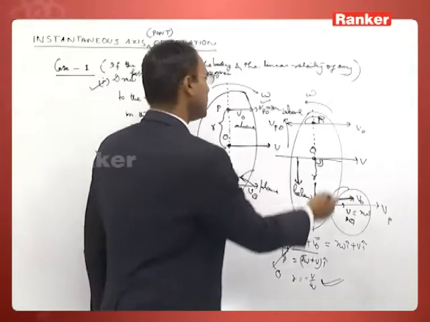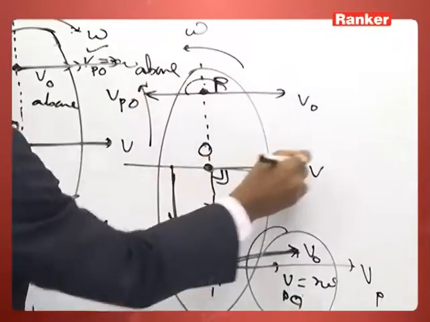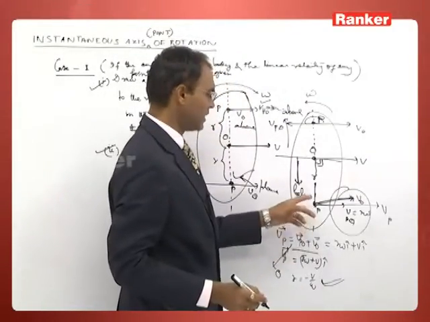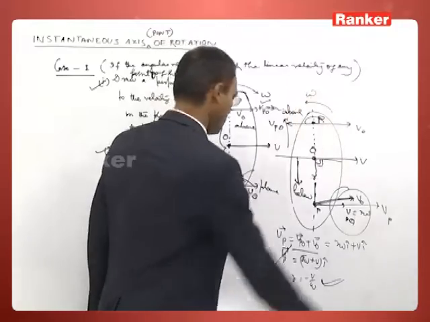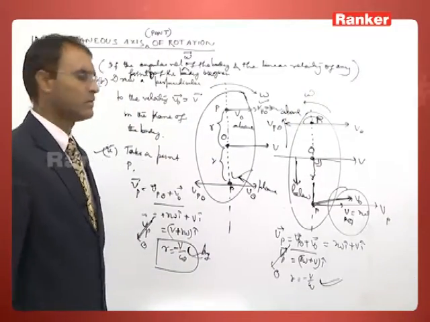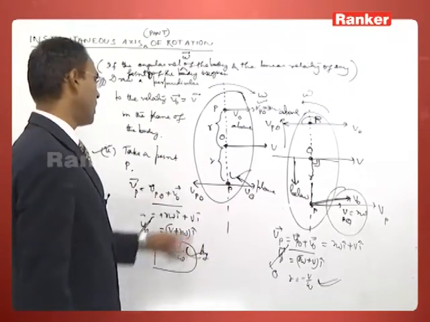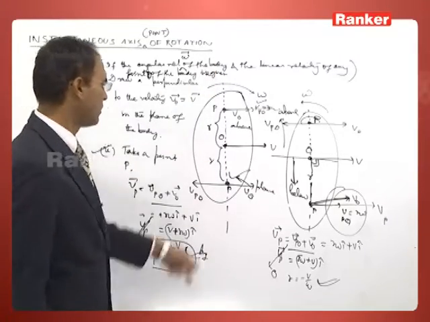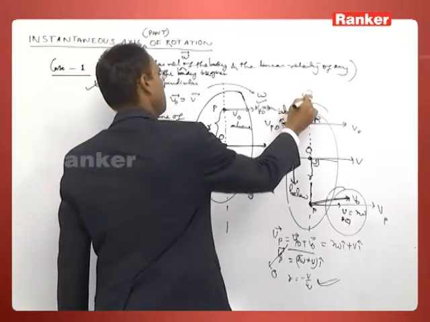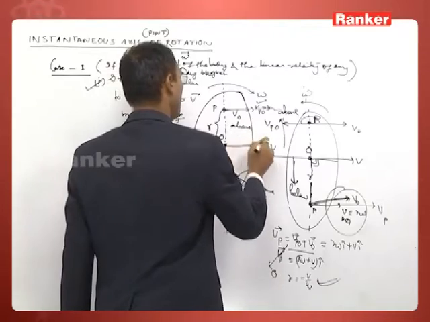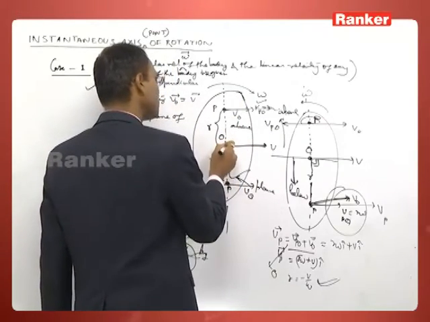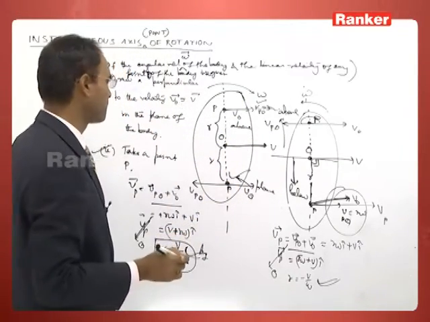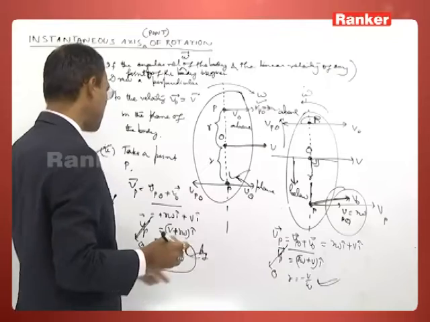When it is spinning in this way and this point velocity remains as it is, the instant axis of rotation should be above. However, by choosing a point mathematically on the perpendicular drawn to the velocity vector which passes through the given point, you can mathematically solve the problem.